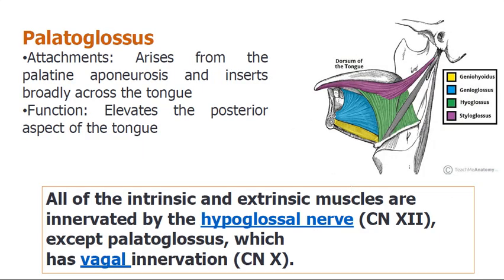The palatoglossus muscle is attached to the palatine aponeurosis and also inserted into the tongue.